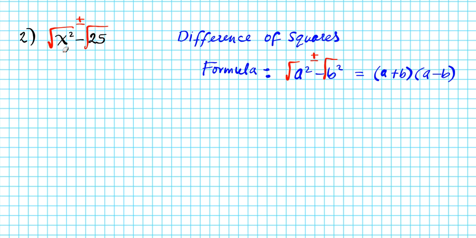The square root of x squared is x, plus the square root of 25 is 5, and then the square root of x squared is x, minus the square root of 25, which is 5. So that is the factored state of the original polynomial expression, which was a difference of squares, x squared minus 25.